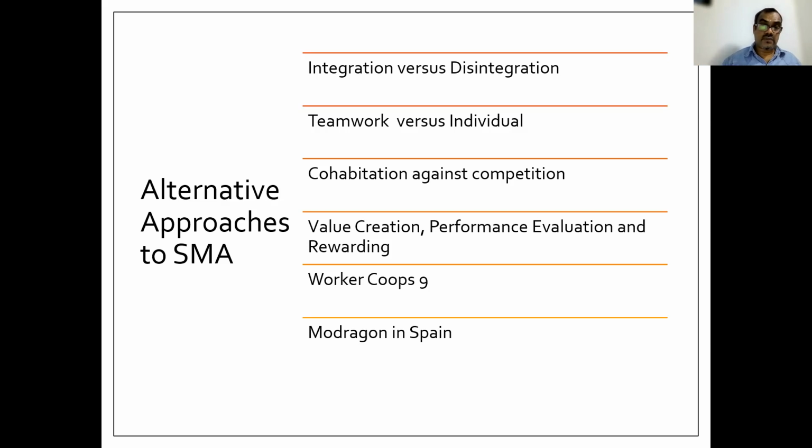So the alternative concept is to make different types of alliances, collaborations, and all those things. That is what we call cohabitation.